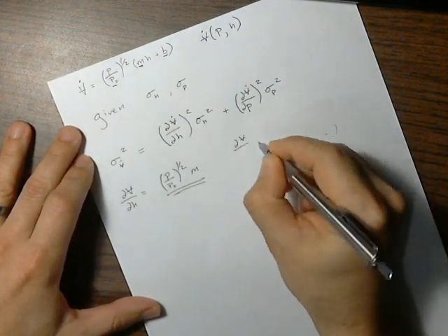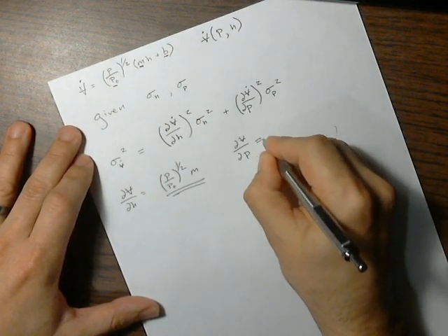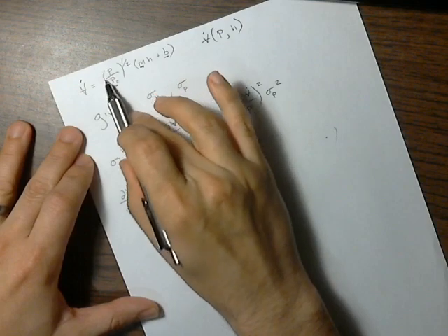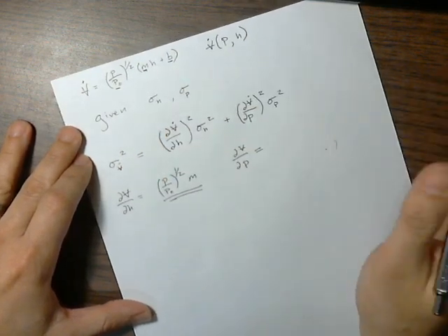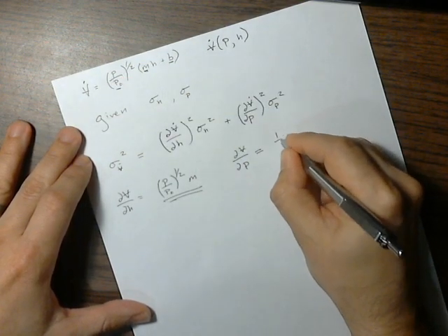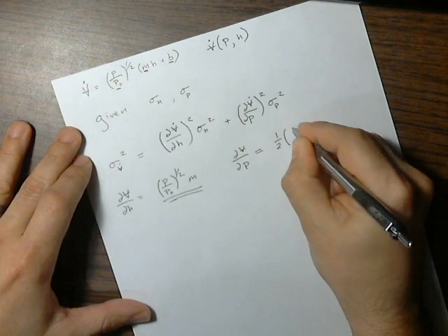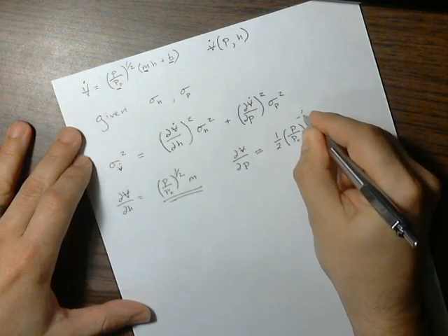Let's now calculate the partial derivative with respect to P. What is that? Well, now we need to differentiate out from here. This now appears like a constant, so it's not going to change. I just need to bring this 1/2 down. P over P naught is now to the negative 1/2.